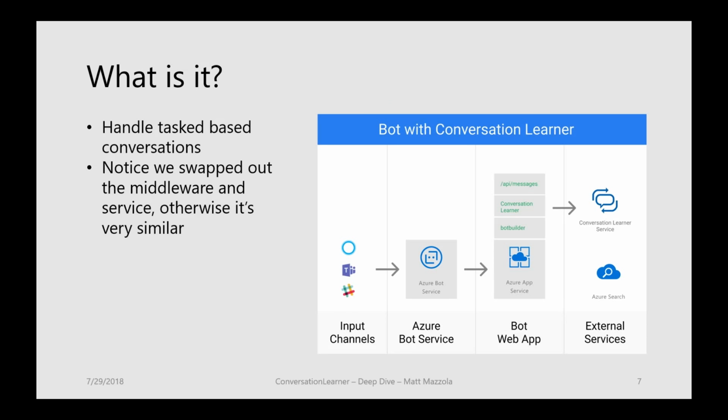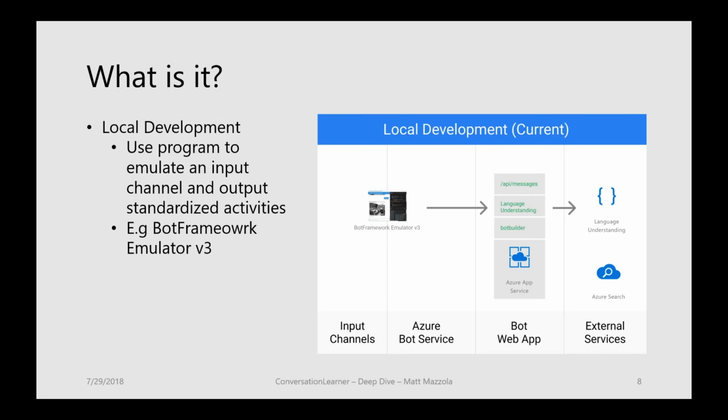And yeah, so now we have the question of, okay, that's great. We had Teams and Slack and Cortana or whatever hooked up to our bot talking to it. But let's take a step back and look at what it's like to develop. So in order for your bot to respond to Teams and Slack, it has to be published and go through all that protocol normalization. But when you're just doing development, you're not going to deal with all that.